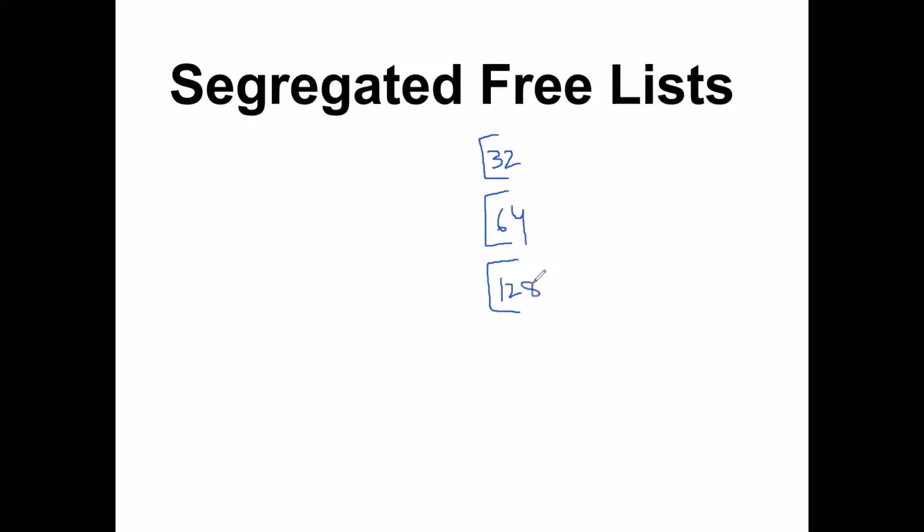So when the user makes a call to malloc some block that's, let's say, size 40, you first say, okay, I can't look through this list because these blocks are too small for me, but I can start looking through this list.